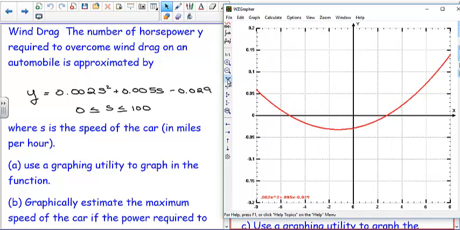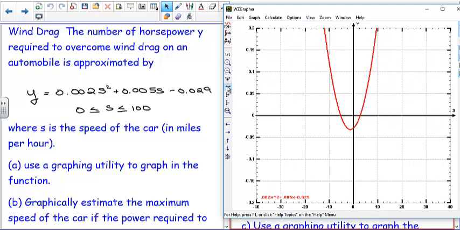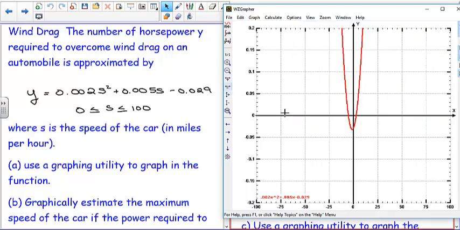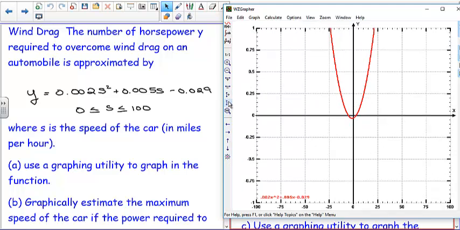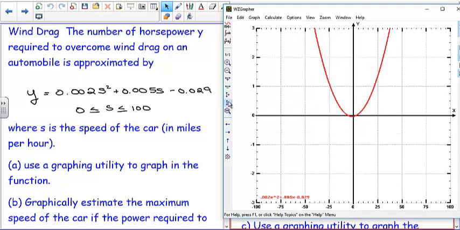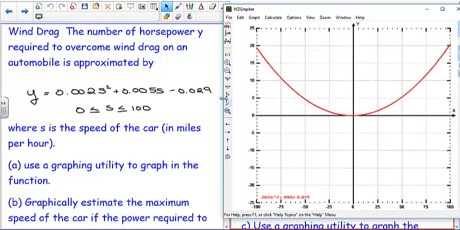Okay, zoom out. So that has to be to 100 again. So there's the domain. And now I have to do it the other direction. So I'm going to zoom out like that. There we go.